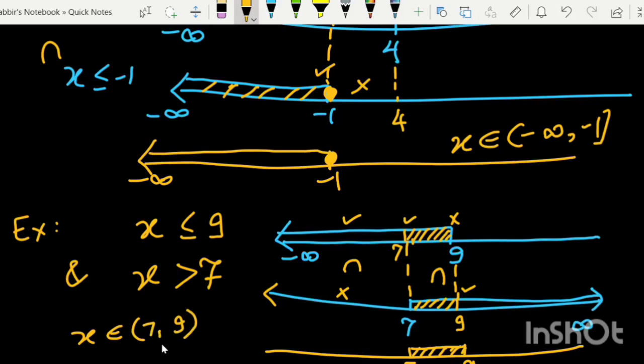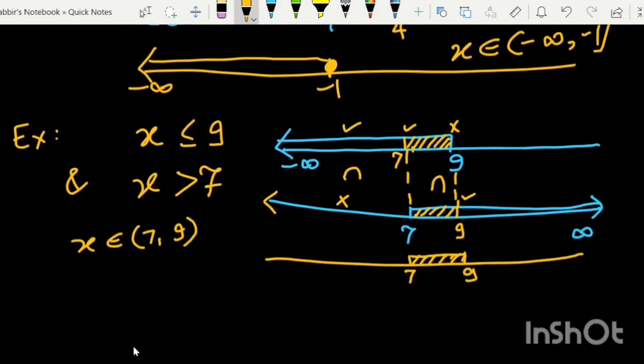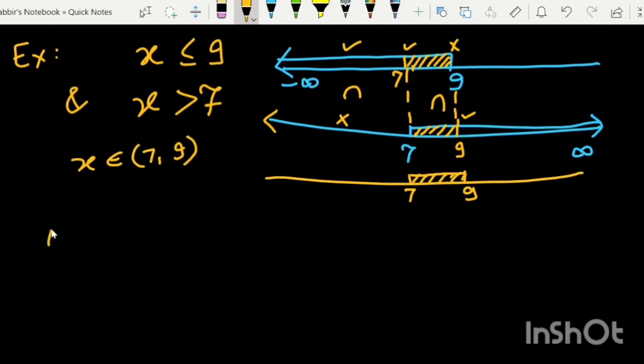Okay guys, now we have seen a basic inequality, like if x is, let's say, minus 1 to 4. This is one of the basic inequalities that we have seen.